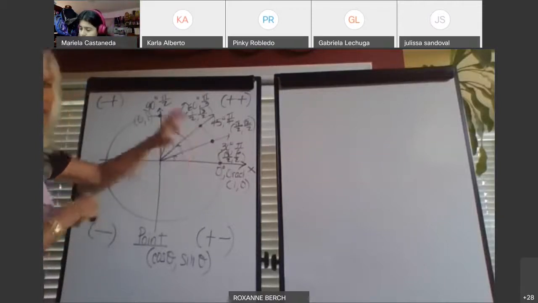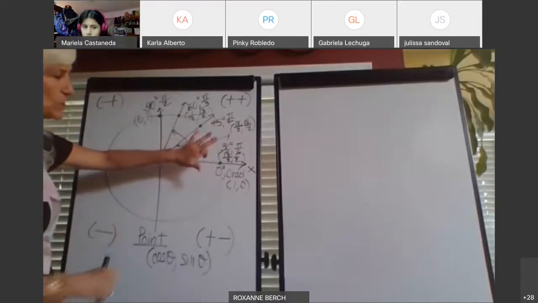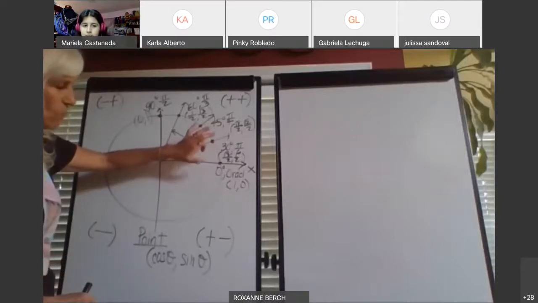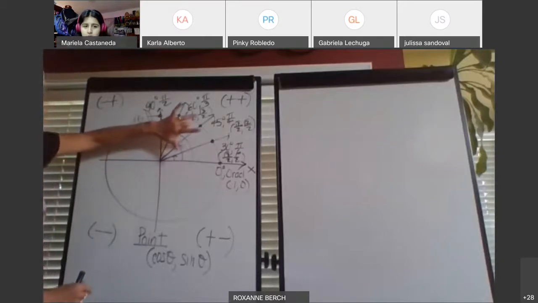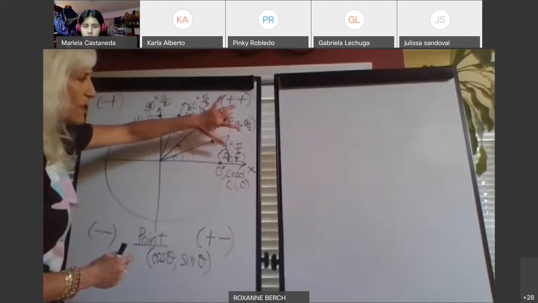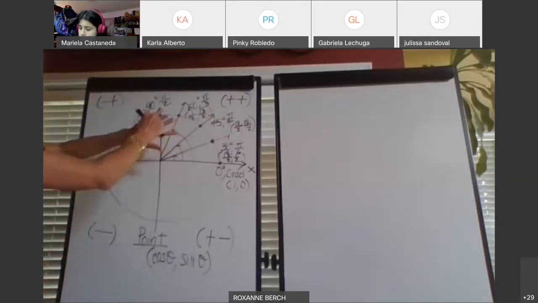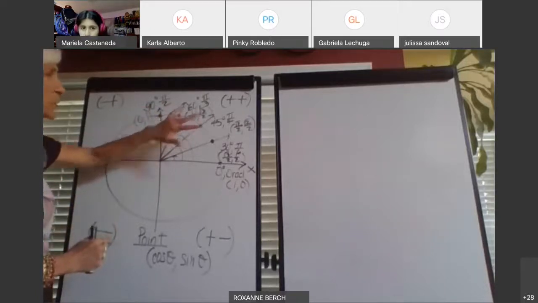Look at my hands, and it has to be the left hand. This would be radical 3 over 2 and 1/2. If you put down your middle finger, you would have radical 2 over 2 and radical 2 over 2. And then finally, if you put down your ring finger, you would have 1/2 and radical 3 over 2.